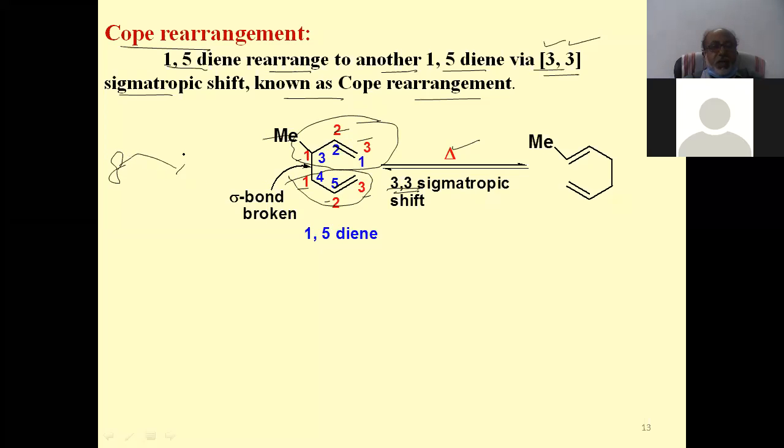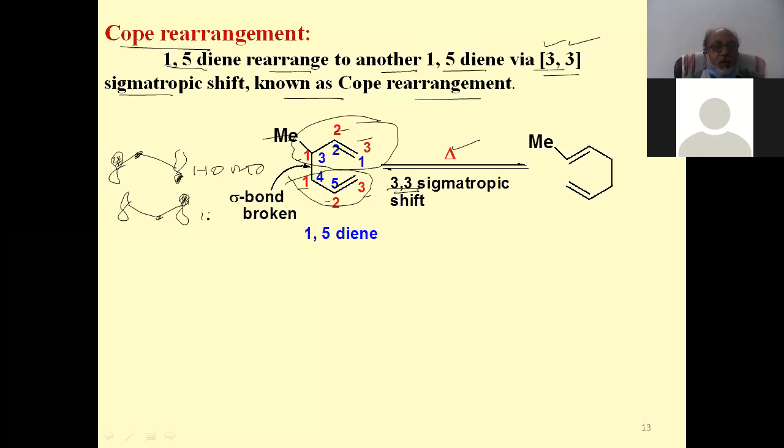This is going to be an allylic system. The HOMO is going to be of opposite phase. This is going to be here, and another will also be like this. This will be antisymmetric. So if it is antisymmetric, this one also is good.